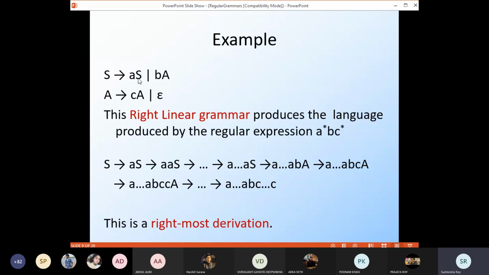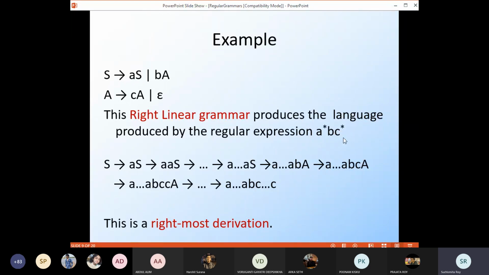And then when you don't want to produce any more a's, you replace S by bA. And then you replace this A by cA, and this you can do many times. And then finally, when you are done with producing as many c's as you like, you can remove this A by using epsilon. So this is a right linear grammar which produces the language of this, a star, b, c star, as you can see.